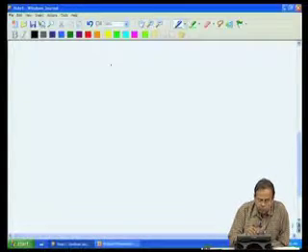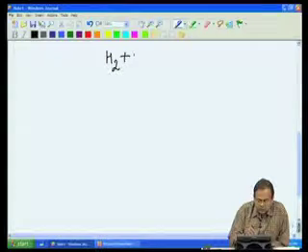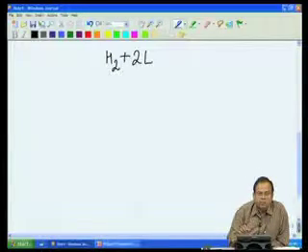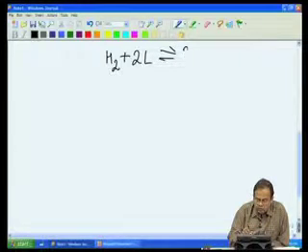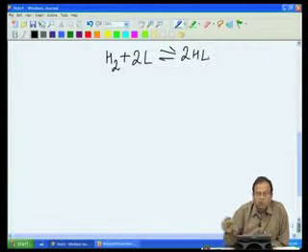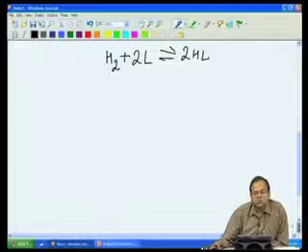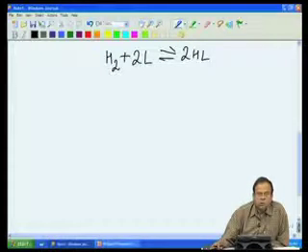So, the first step is, for example, hydrogen gas. So, we will write our mechanism of the reaction, and this is adsorption with dissociation. So, on two active sites, hydrogen molecule gets dissociated into atomic form and occupies each active site. So, HL.